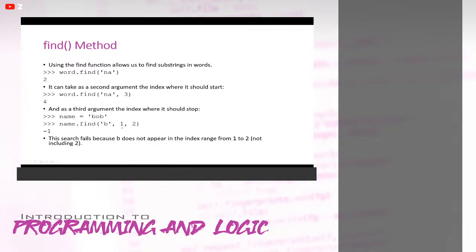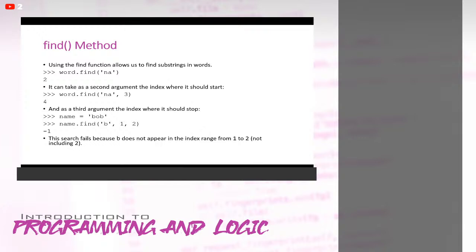The only term that this find code specifies is that O, because it's starting at 1 and goes up to but not including 2. So everything up to but not including 2 is still just 1. That's the O, and the result of this gives us a -1. This is a failure in the find method. Since the letter B is not in that range, we get a -1, and that indicates a failure.